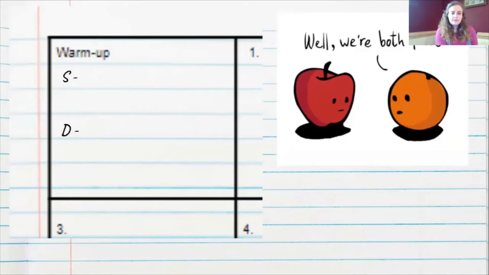So what I want you to do for your warm-up, I want you to list one similarity of these 2 pieces of fruit. So that's what you would write by the S, and then I want you to write one difference of these 2 fruit. For your similarity, so something that they have in common, I want you to think of something more than they're just both fruit. So go ahead and pause the video and write down one similarity and write down one difference. All right, let's keep going.